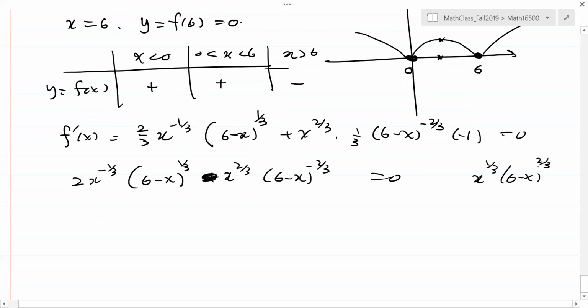Then the first term, 2 x to the negative 1/3 times x to the positive 1/3, is x to the 0, that is 1. Then combine the other two, minus x. That's 0.